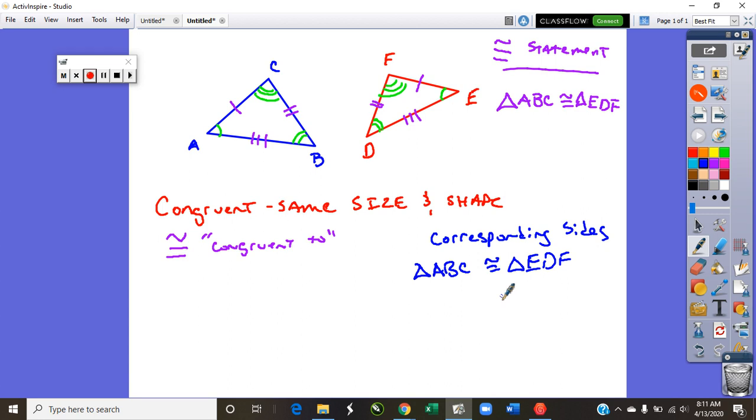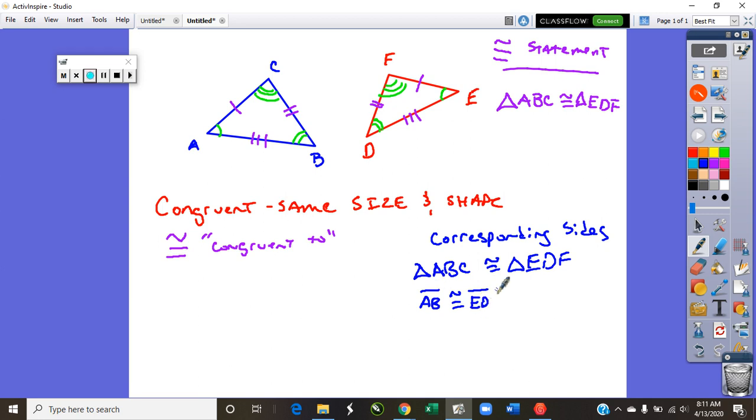Well, the first side on this one is A to B. So we will say side AB is congruent to what side on this one? The first two letters here are E and D. Remember, angle A is angle 1, and angle 1 to 2 here is the first two letters, ED.